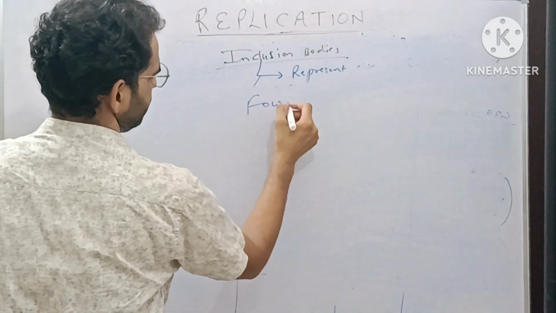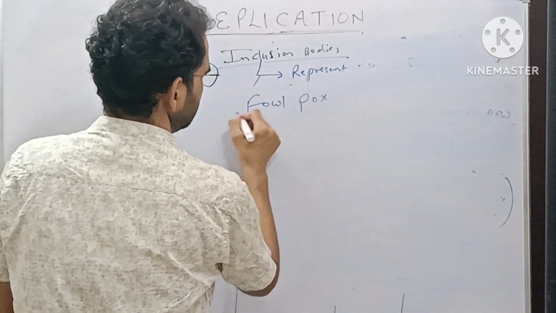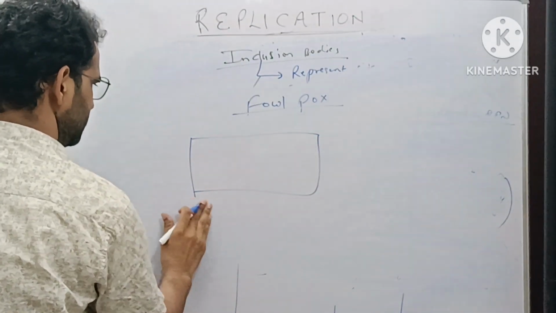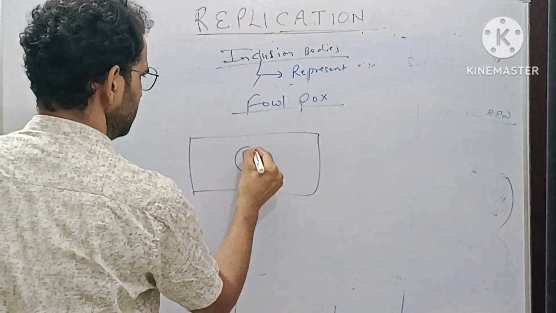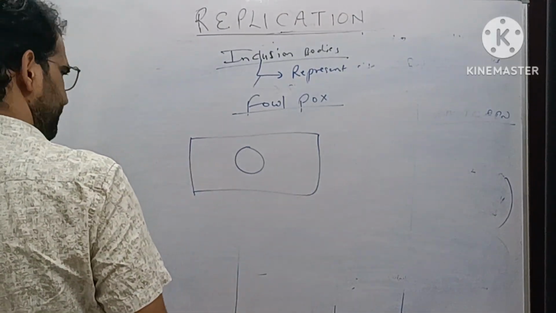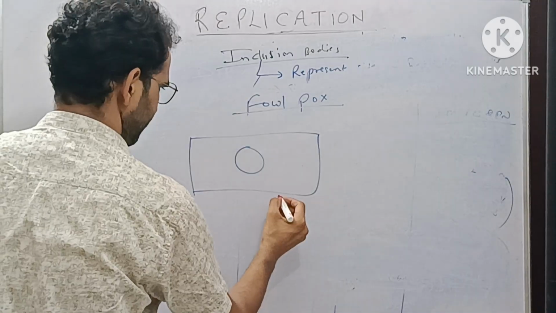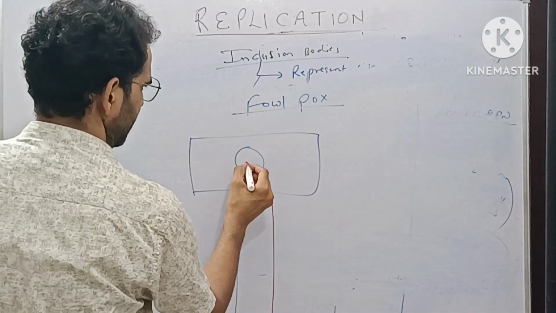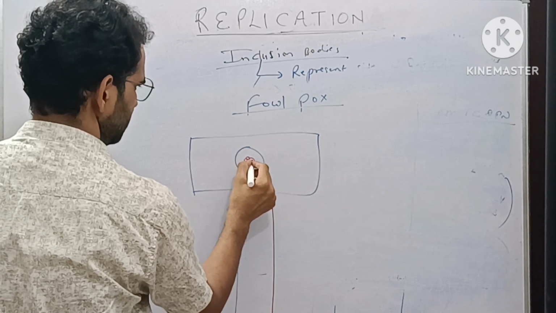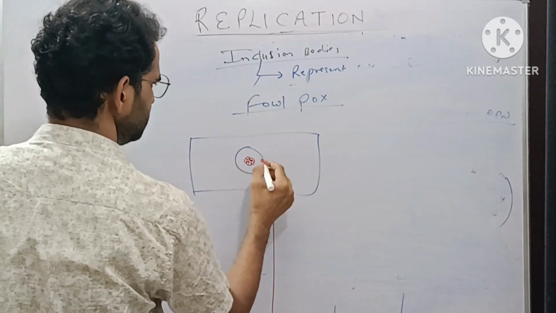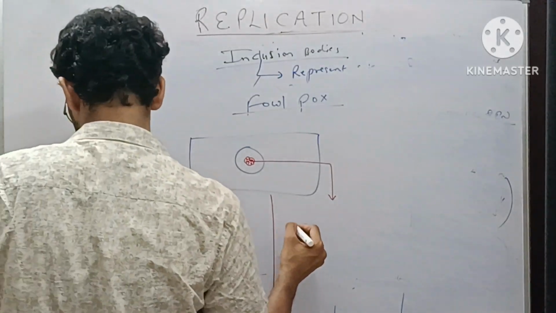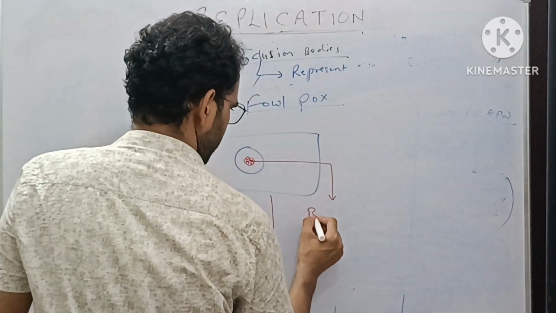Then fowlpox. In fowlpox, this is the cell, and this is the inclusion body. Inside this is known as Borrel body.